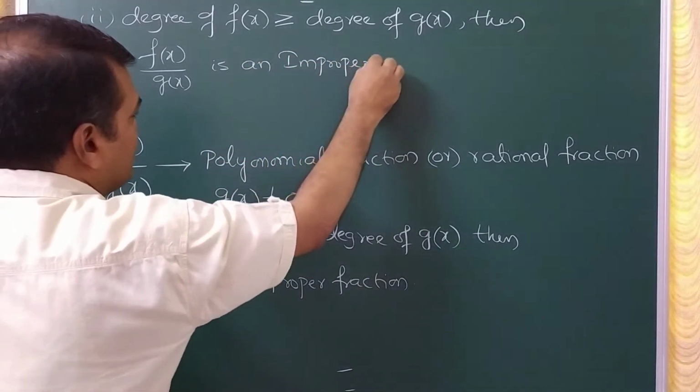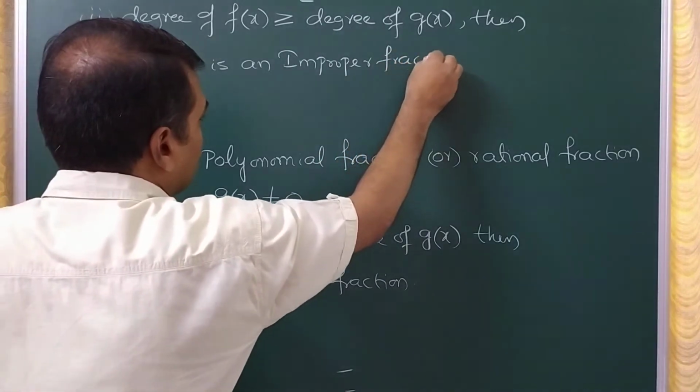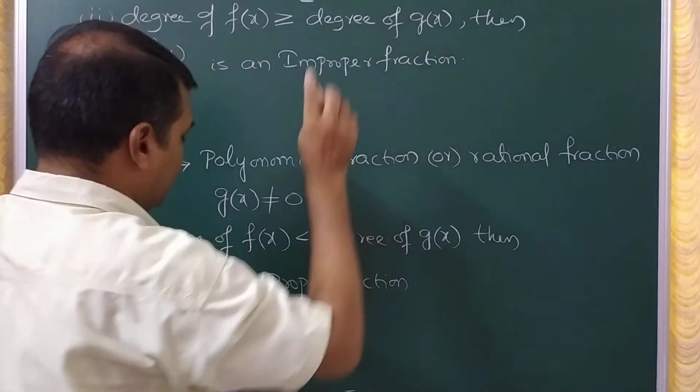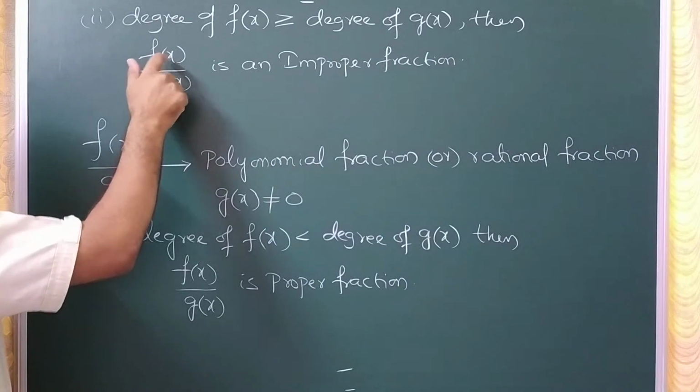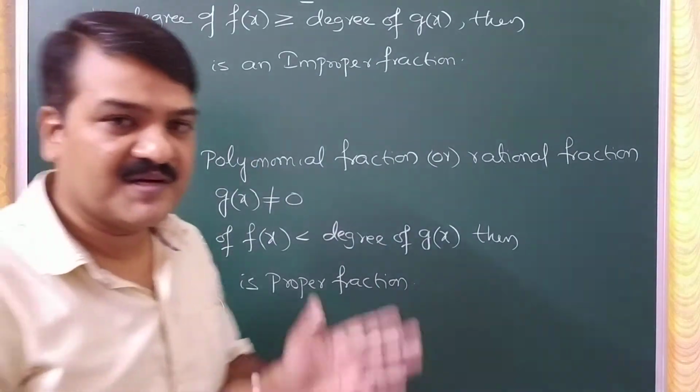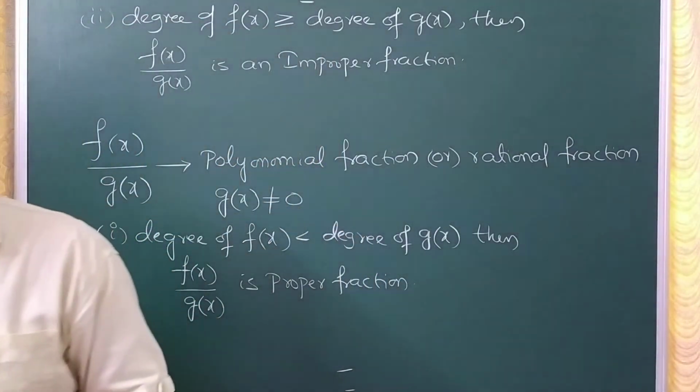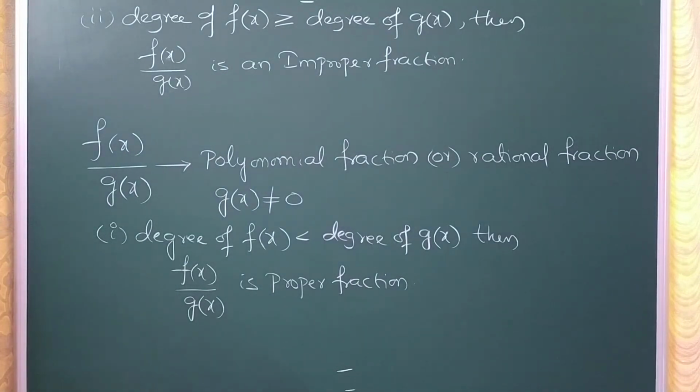So proper fraction means basically the degree of our numerator polynomial must be less than the degree of our denominator polynomial. Okay, so this is about proper and improper fractions.